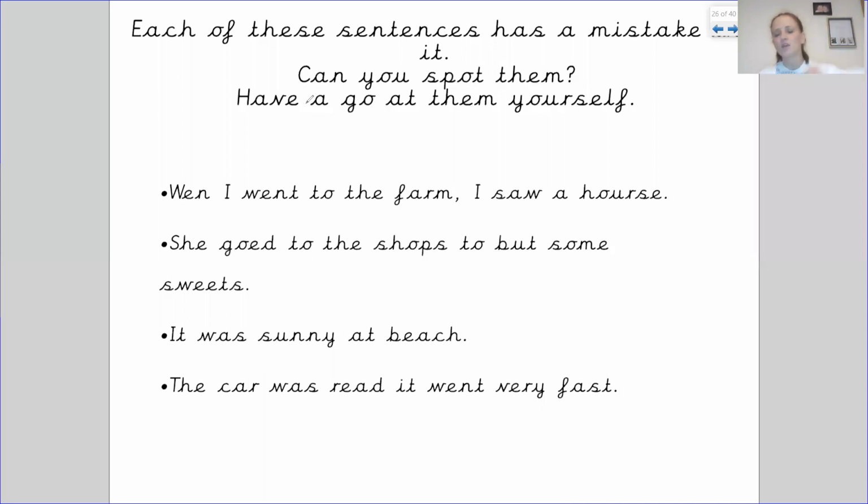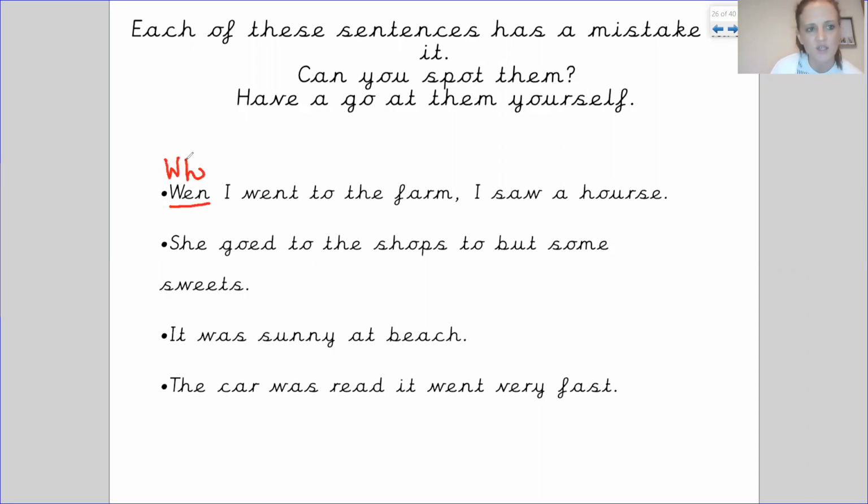Okay, so now that you have corrected them, I will show you the corrections that we needed to make, using my pen. Give me a second to plug my pen in. Our sentences read, when I went to the farm, I saw a horse. The spelling of when is incorrect.